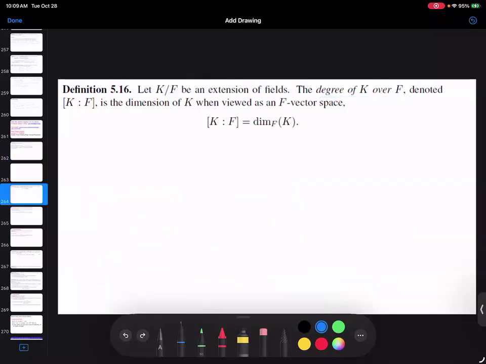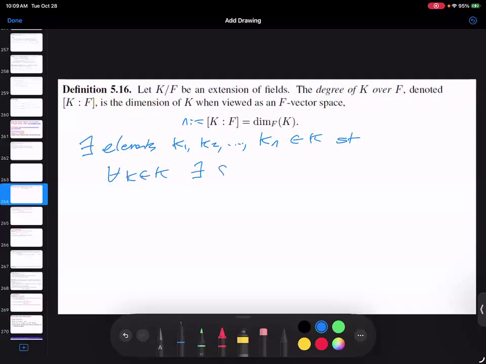So what we might be able to write is, there exist elements k1, k2, ..., kn in K, such that for all k in K, there exist f1 through fn in F, such that k is equal to f1 k1 plus ... plus fn kn.